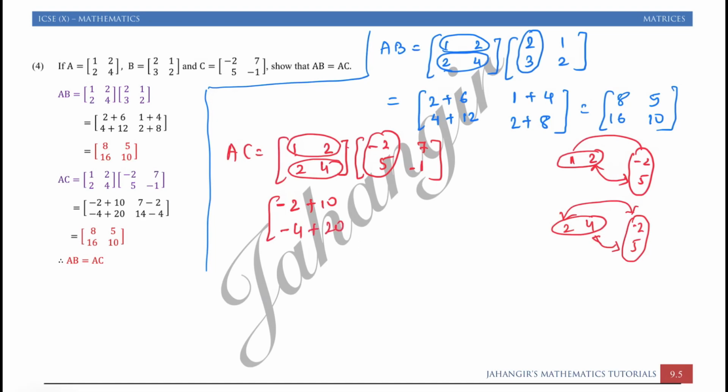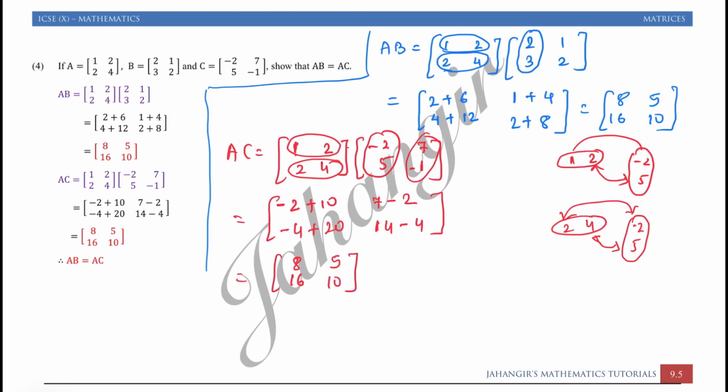Now same process with second column. It's simple to understand. First row, that is 1 into 7, 7 minus 2 ones are 2. Then second row, again second column, 7 2s are 14 minus 4 ones are 4. So that will give you 10 minus 2 is 8, 20 minus 4 is 16, 7 minus 2 is 5, and 14 minus 4 is 10.